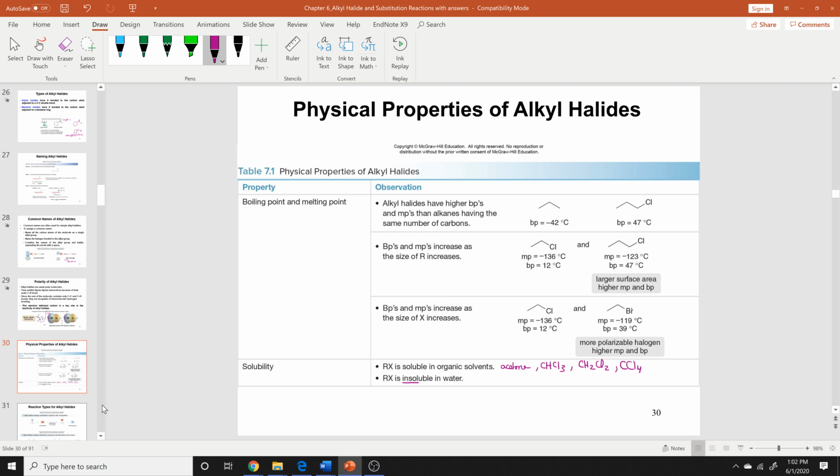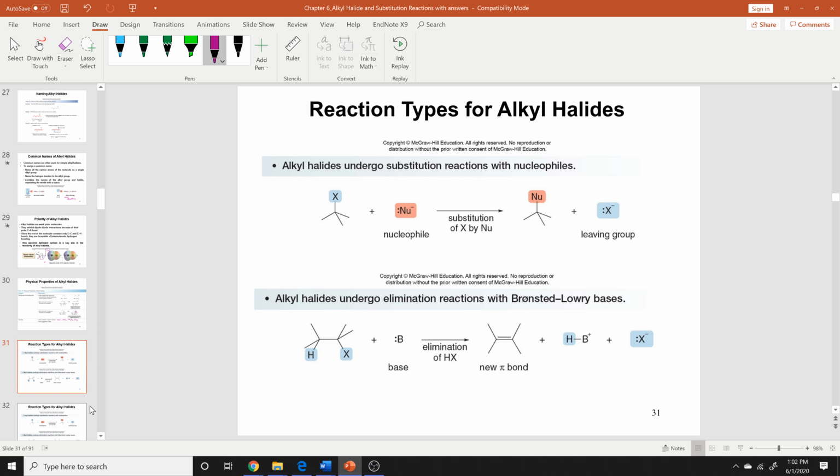As the halogen becomes bigger and bigger, the melting point and the boiling point are going to increase. Remember that branching normally increases the melting point and decreases the boiling point. So remember that.